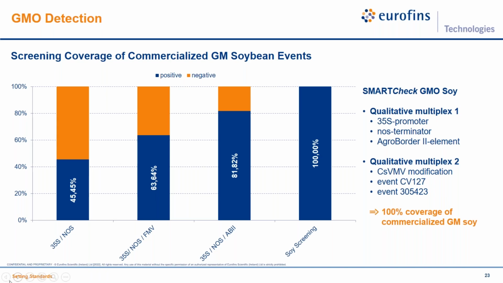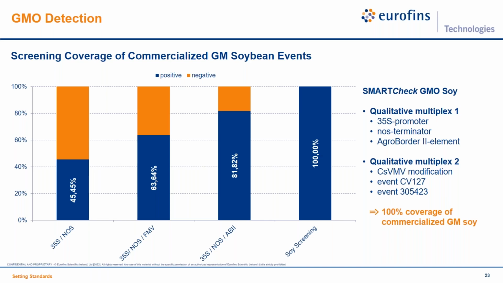We decided to replace the FMV promoter by our AgriBorder 2 element. That's a target that's in the border of a genetically modified construct. And with the replacement, we get an additional coverage and we achieve more than 80%.